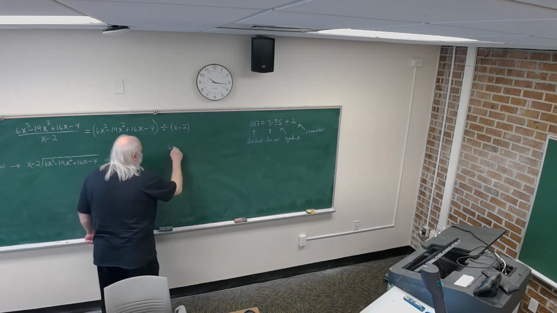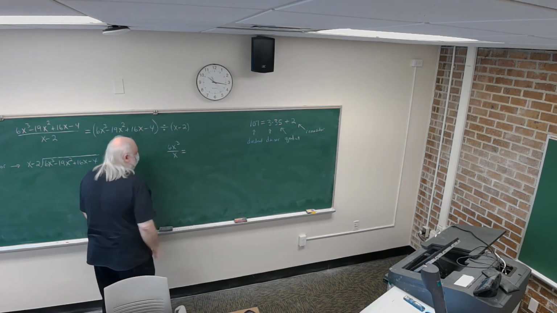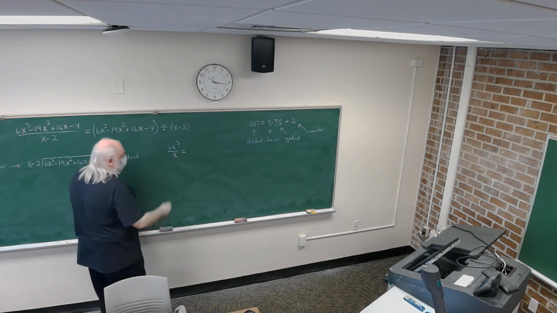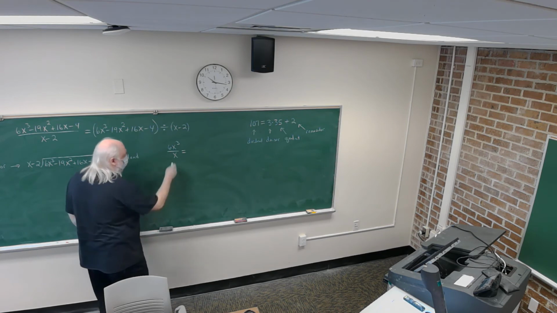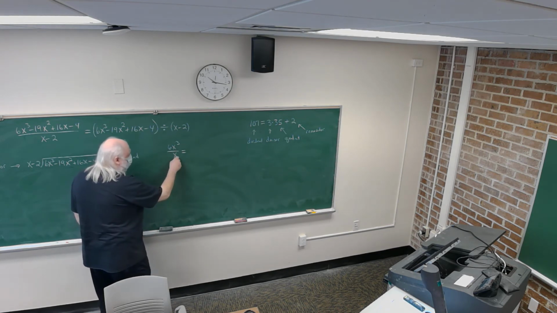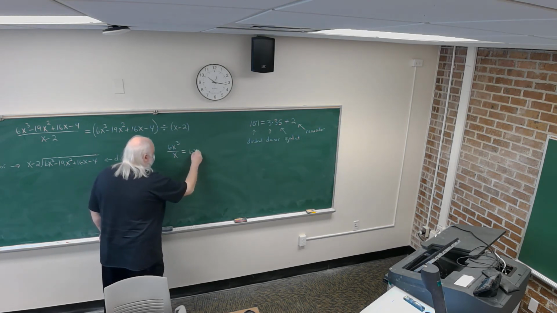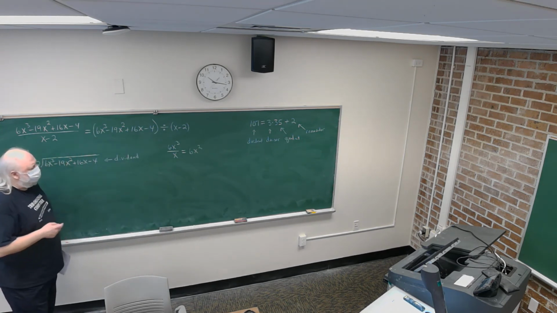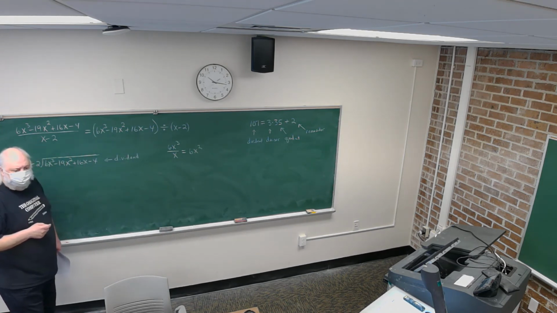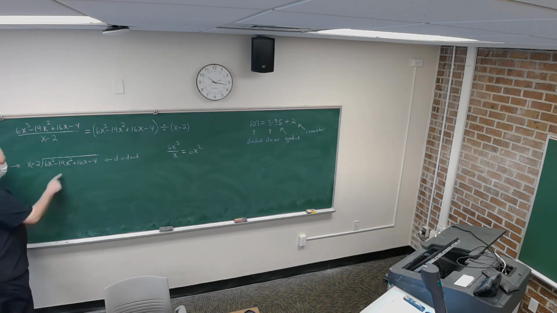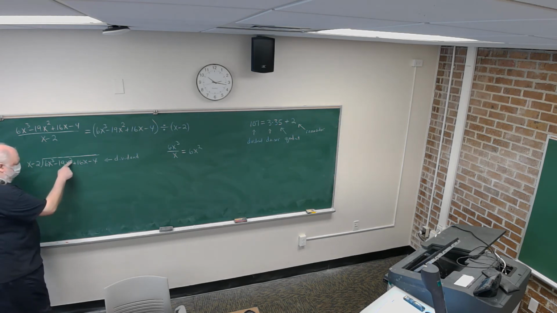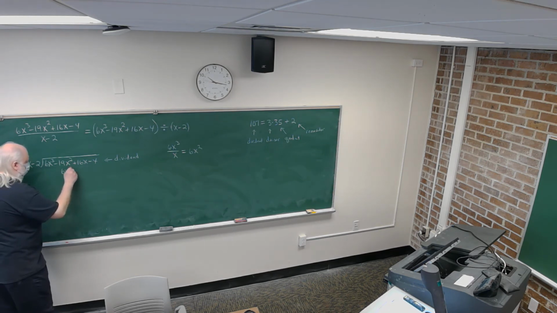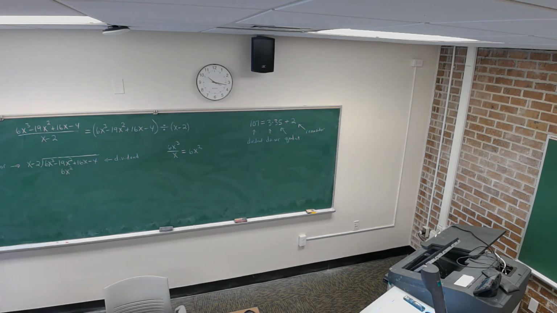Well, 6x cubed divided by x is equal to, using the rules of exponents, x cubed divided by x is x squared. So x goes into 6x cubed 6x squared times. So above the term with x squared, we put 6x squared.